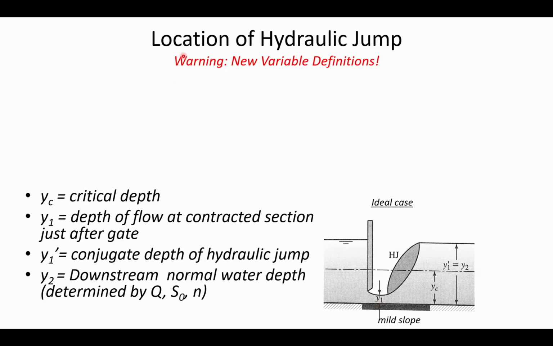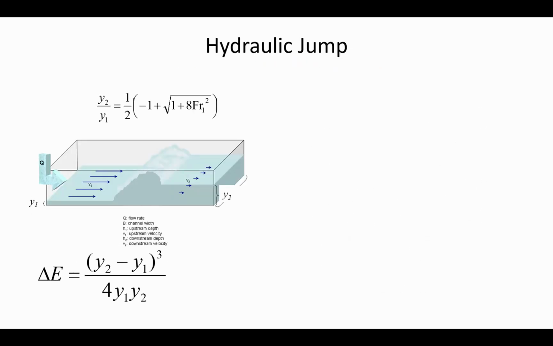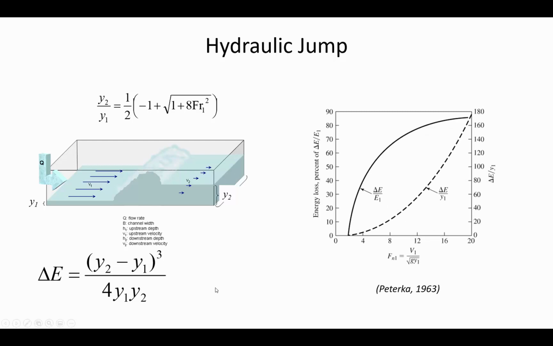Now you see a warning here in red. It says warning, new variable definitions. The reason I mention that is that when we talk about the location of the hydraulic jump, we're going to say something different than y1 and y2. In the hydraulic jump equation that I'm showing you on this screen right now, y2 means the depth after the hydraulic jump.